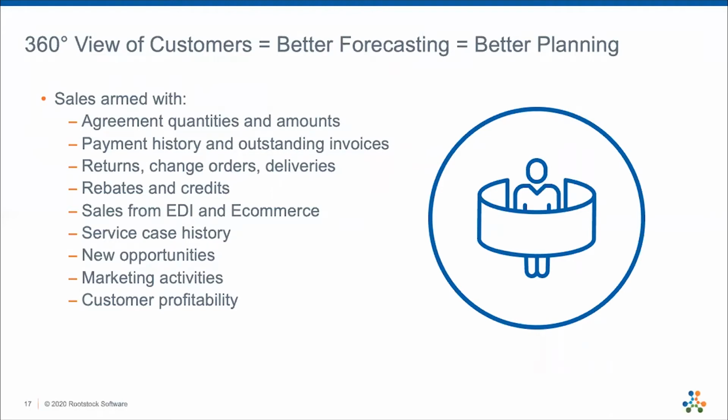So when the sales rep goes out to talk to a customer, they know everything that's going on with that customer, a complete 360-degree view across everything in CRM and ERP, and they can have a very educated conversation. If they can have those very holistic conversations, they'll be in a better position to do better forecasting. And better forecasts eventually turn into better plans.